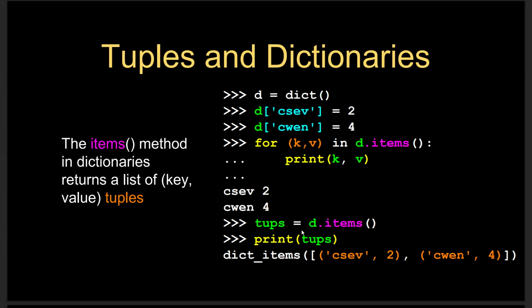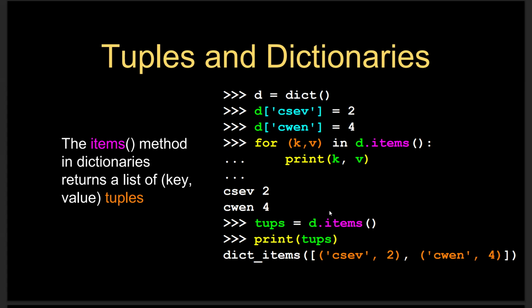Next one, tuples = d.items(). Here I am converting the dictionary items into tuples. If we print tuples, it will print the dictionary items as tuples inside a list. See, csev 2, cwen 4.